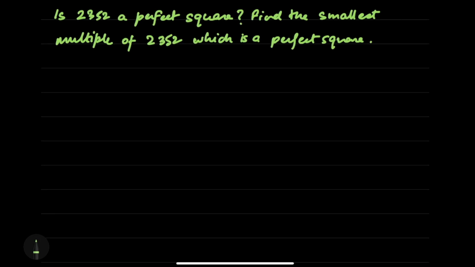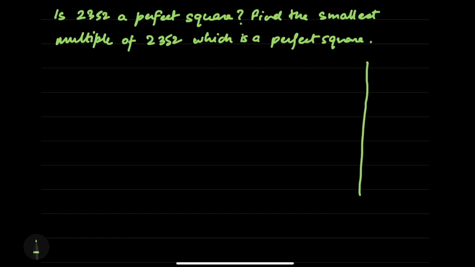Let's take a different kind of example. Now we're going to talk about a different kind of question where we have to check whether the number 2352 is a perfect square or not. And if not, then we have to find the smallest multiple of 2352 which is a perfect square. What do we do in such a situation?